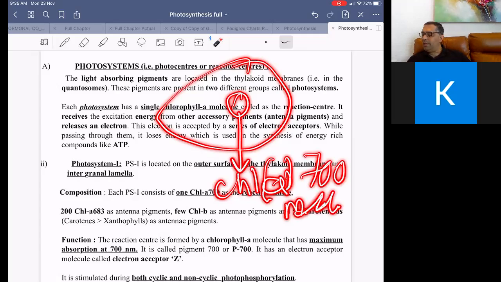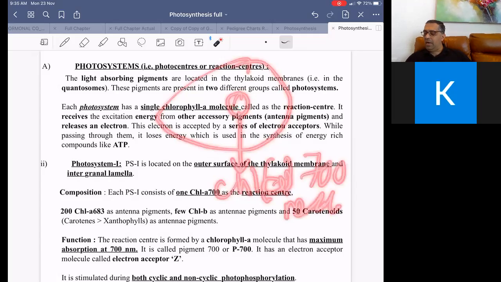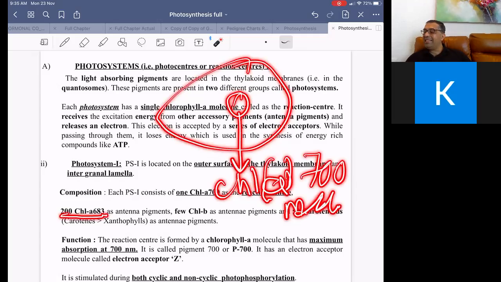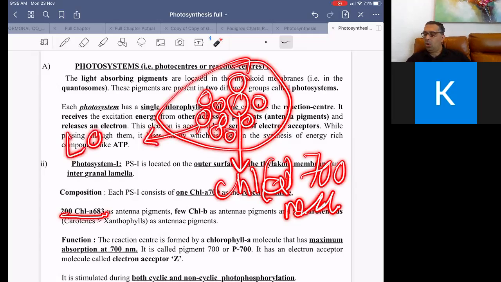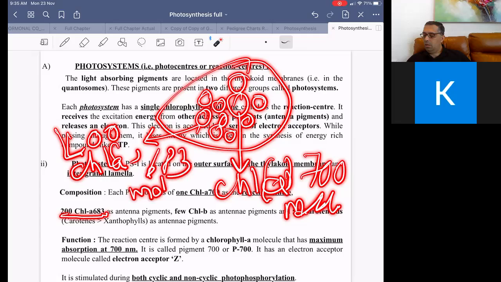And along with it, there are 200 chlorophyll A 683 molecules. And there are few chlorophyll B's.